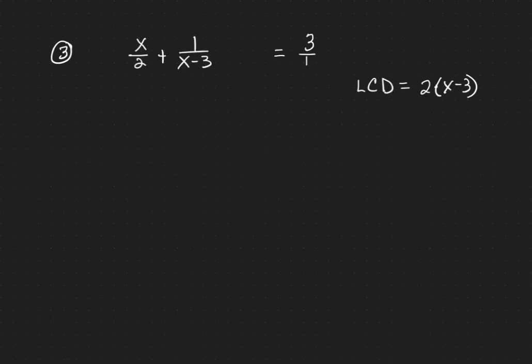And multiplying the right side by 2 times x minus 3, I could put it over 1 to make sure it's a fraction, but we don't really need those to be fractions on that side of the equation. Okay, and on the other side, we're multiplying the whole side by our least common denominator. That means we have to multiply each term by the least common denominator. And these are fractions, so I'm going to put my LCD over 1.